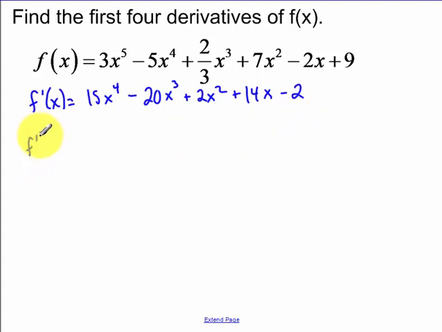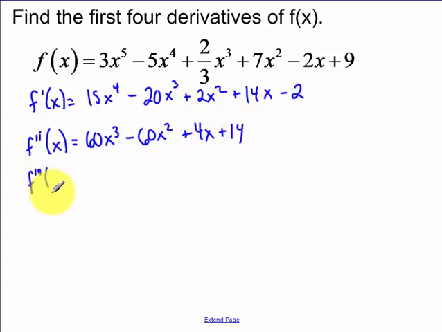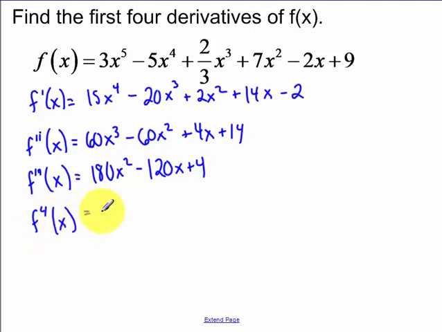So now your second derivative, you take the derivative of this function. Third derivative. Take the derivative of this function. And then the fourth derivative is that.